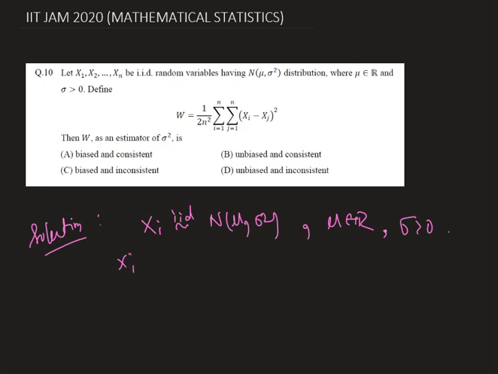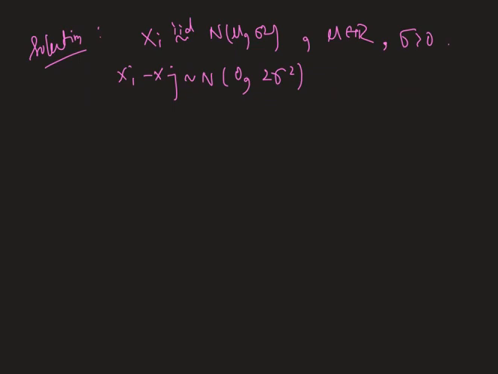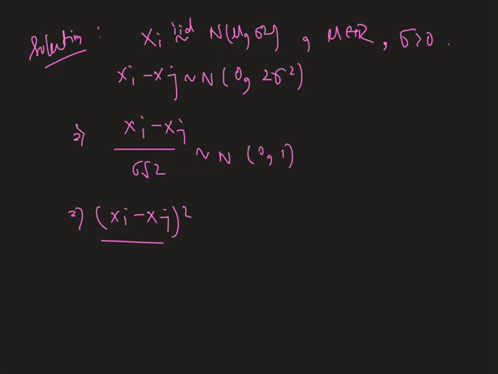Therefore, it is pretty much obvious that xi minus xj follows normal 0 comma 2 sigma square, and this implies that (xi minus xj) divided by sigma root 2 is normal 0 comma 1. Therefore, (xi minus xj) whole square divided by 2 sigma square is chi-square 1.